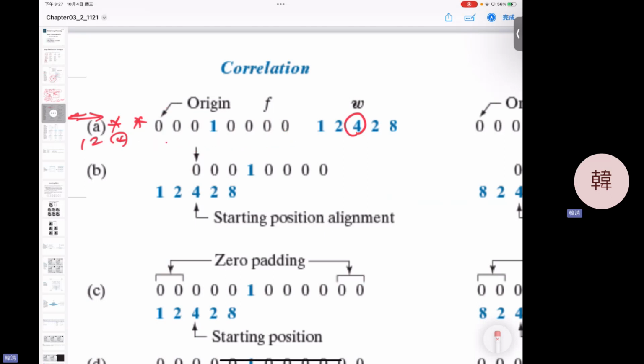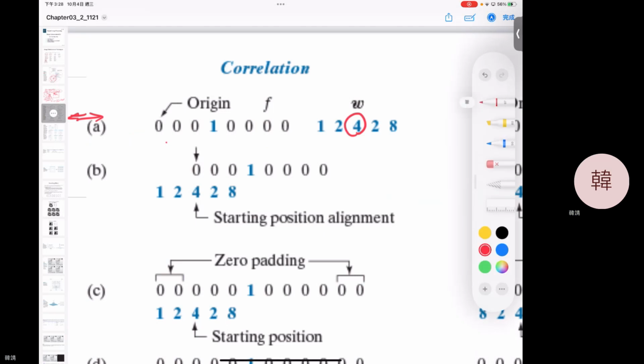What do we do? We are going to do some correlation, and now the center is here. Your mask, you don't do anything. You just shift from negative infinity from the right-hand side. If you image left to right, up to down, go every pixel. So here is the origin. We pad with zero here, okay, sorry, they already padded with zero here. So here you will match here, starting position alignment.